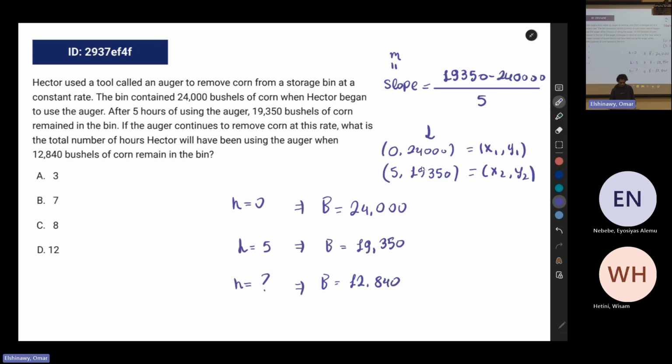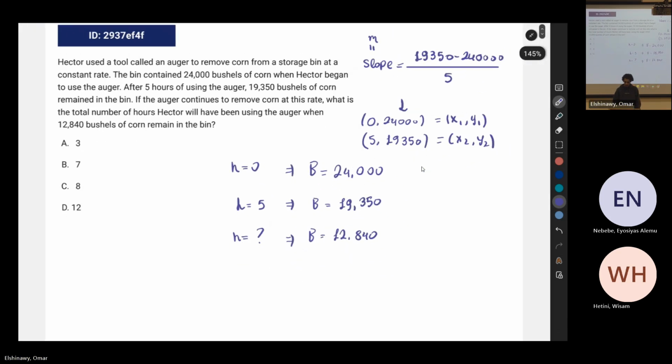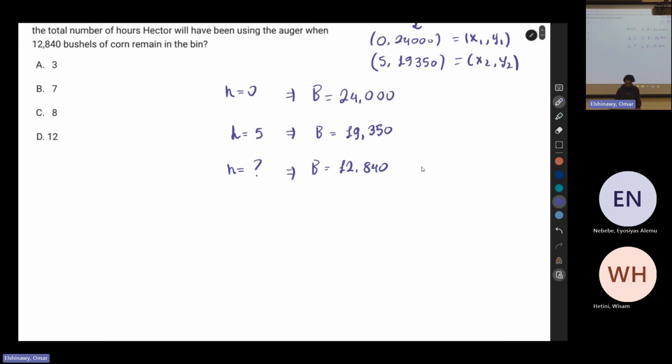And do you know how to find the constant, which is the y-intercept c? We know that each line can be represented as y equals m x plus c. If we have m, we need to find c. We can always find c when we plug in x equal to 0. If I plug in x equal to 0, I get m times 0 plus c, which is c.